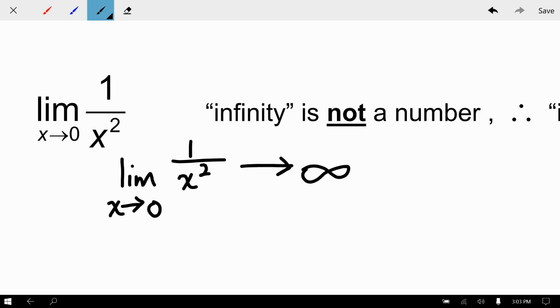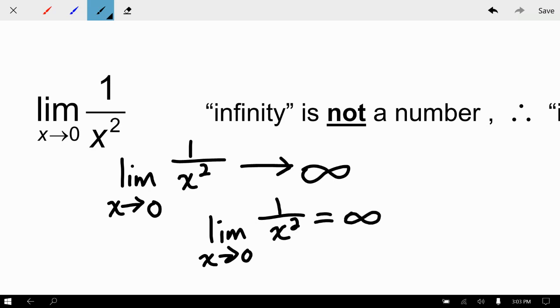And where it hurts with understanding is in situations like this, because what your textbook will say and what a lot of resources will say these days is that the limit as x approaches 0 of 1 over x squared is equal to infinity. Well, it's not technically equal to infinity. So keep that in mind. It's not wrong to write it that way because it's generally accepted nowadays that it's equal to infinity is an okay way to write it. But keep in mind what it actually means.